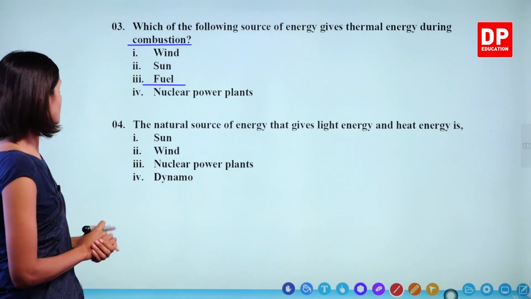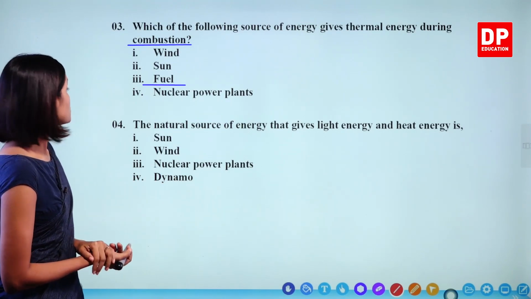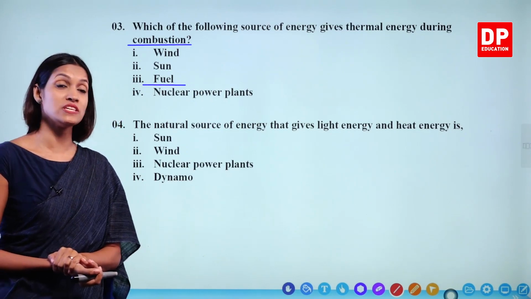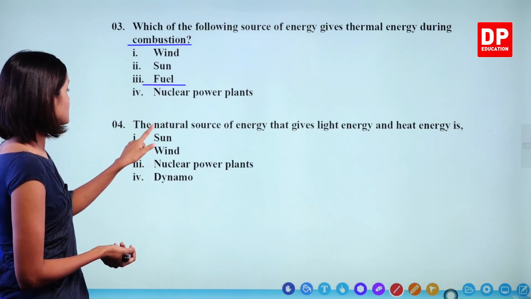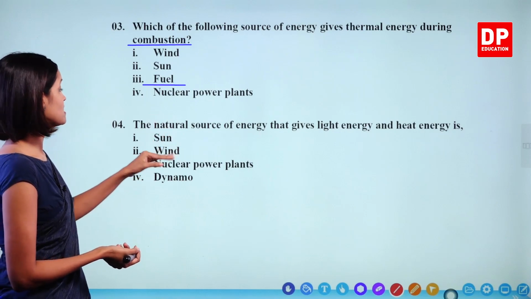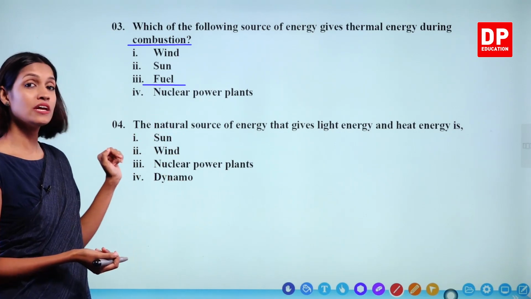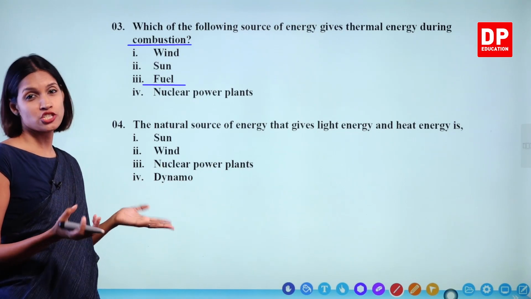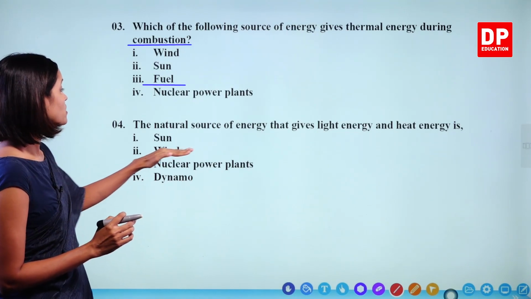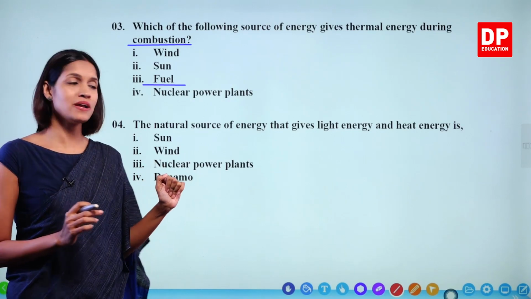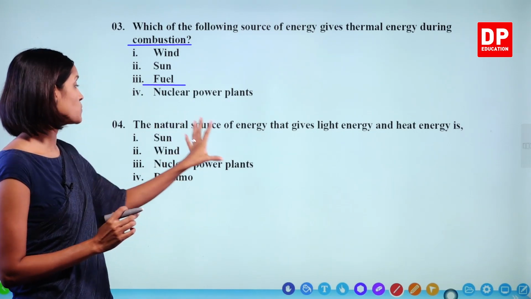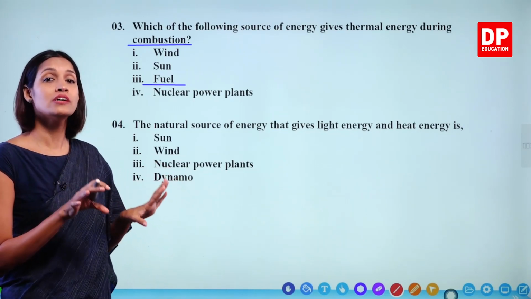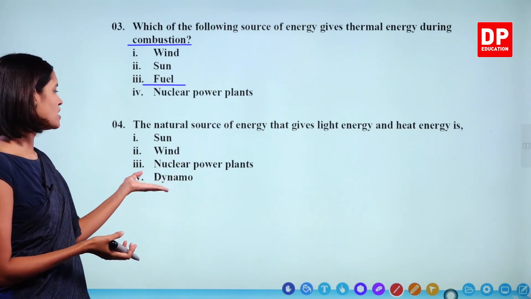Right. Number 4. The natural source of energy that gives light energy and heat energy is the Sun. Sun is the answer, but we'll go through the rest. Wind. Wind doesn't give heat energy or light energy, right? Nuclear power plants are not coming under natural sources of energy because during nuclear reactions, we have to generate this one.